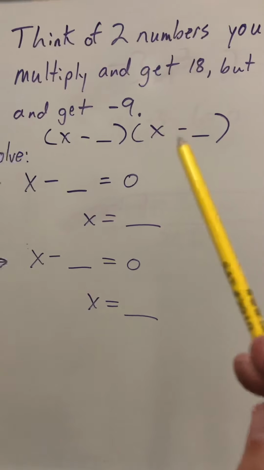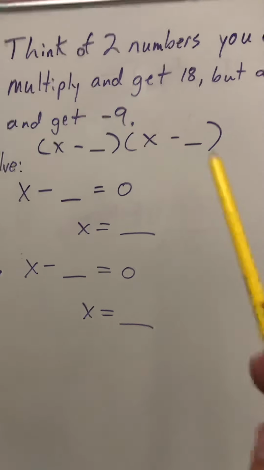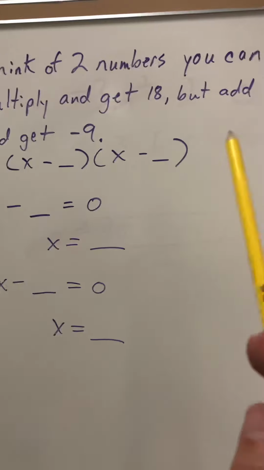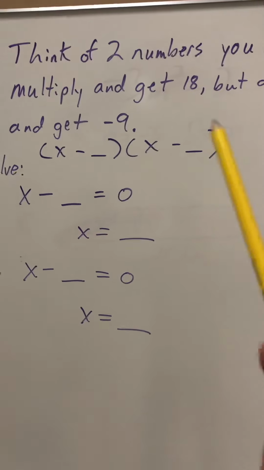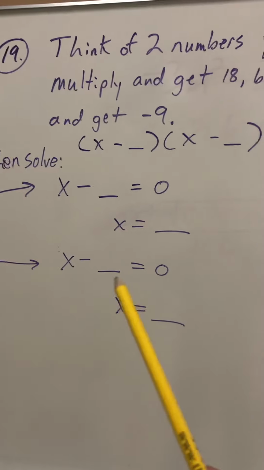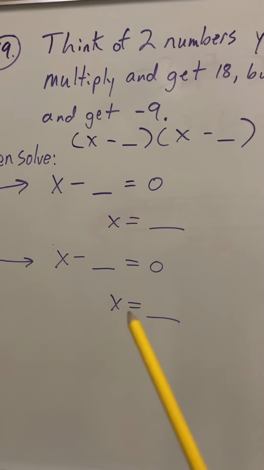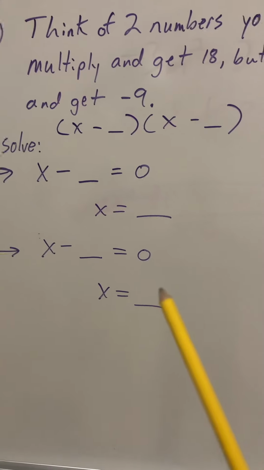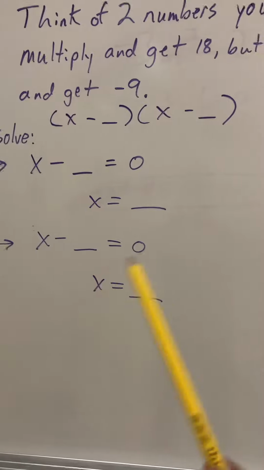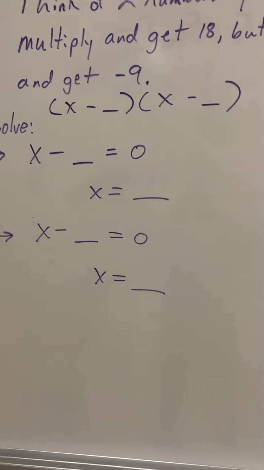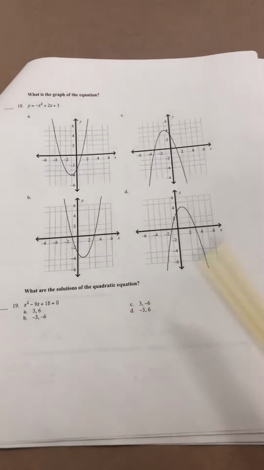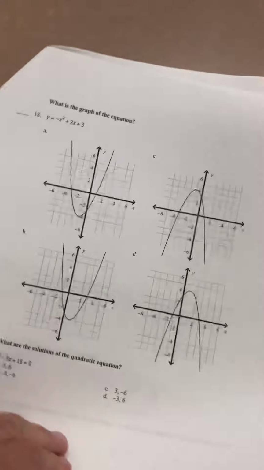For this one, x minus whatever that other number is that you multiply to get 18 but add to get negative 9, put it in here and solve for x by adding that number to both sides, and that will give you the x value. That's going to be either A, B, C, or D. That's what's tricky and different about that one.